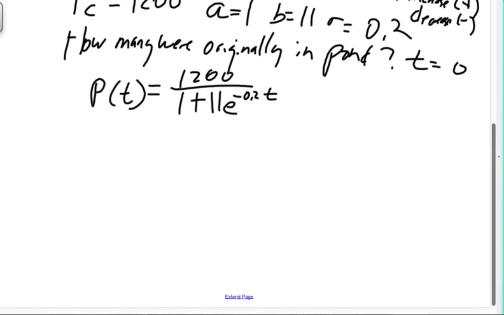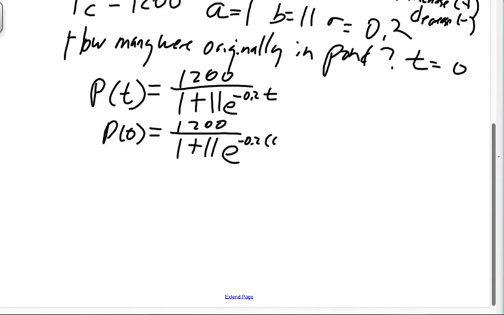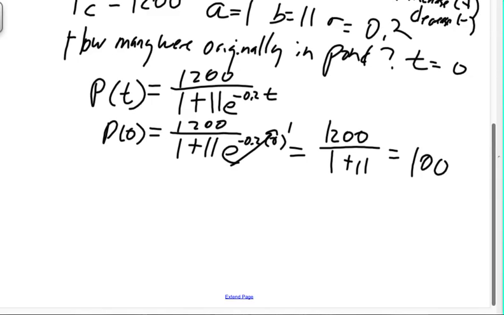We plug all of these in, so P of 0 will be equal to 1,200 over 1 plus 11 times e to the negative 0.2 times 0. Now anything to the 0 is 1, so that's going to give me 1,200 over 1 plus 11, which will be 100. So we started out with 100 fish in this thing.